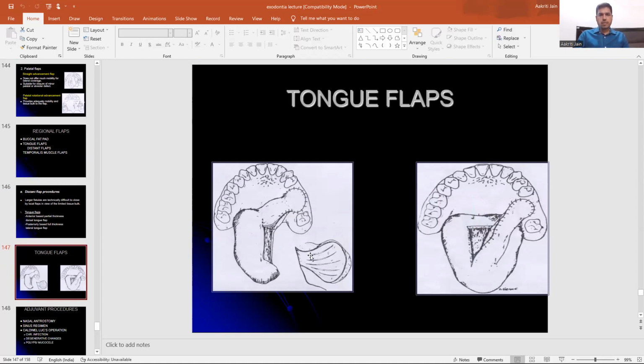As you can see in the picture, this is the posterior based and this is the anterior based. This is how you take the flap and suture it on the defect site, and this needs to be sectioned after a period of 21 days.